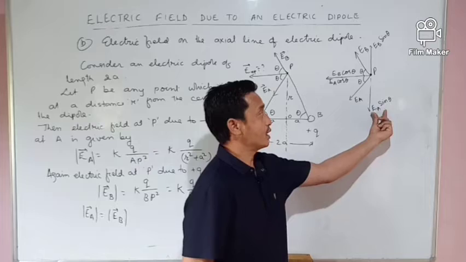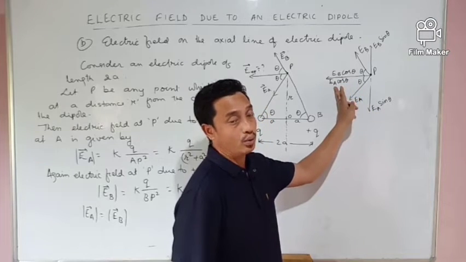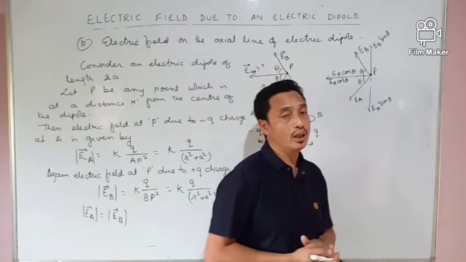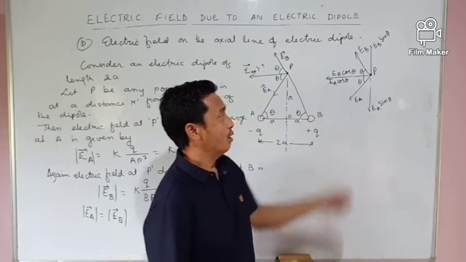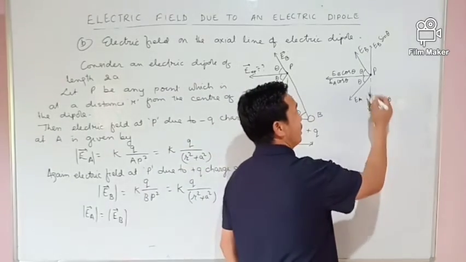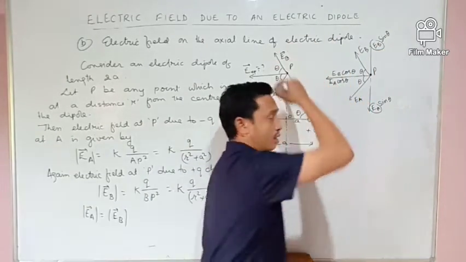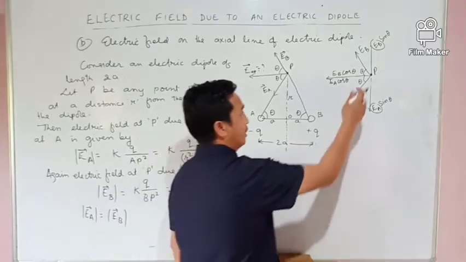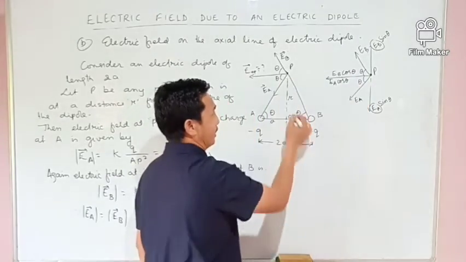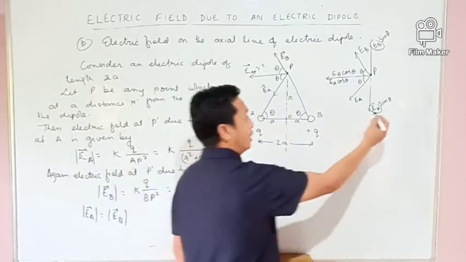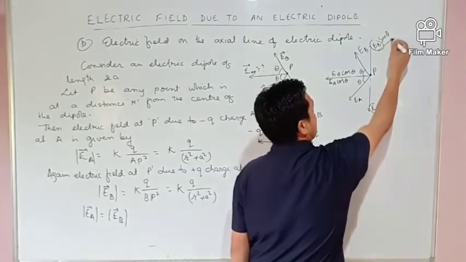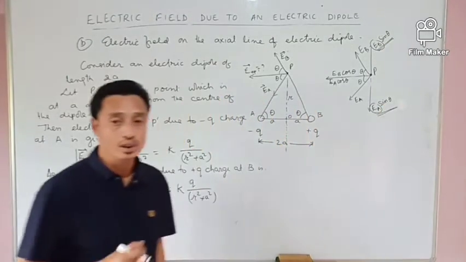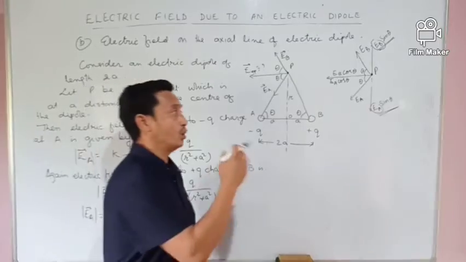But here, since EA and EB are equal in magnitude and the values of theta are again equal, EA sine theta and EB sine theta are equal and opposite, so they cancel out.